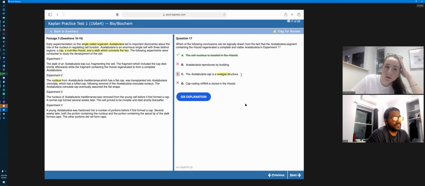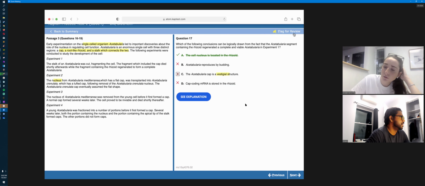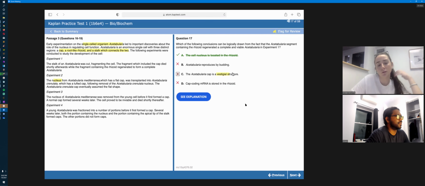Why did I pick this though? Let's see. Vestigial structure. Because experiment 1 said that the one that had the cap died. So you may have thought the cap isn't needed anymore. Oh. And in reality, it just doesn't do anything.